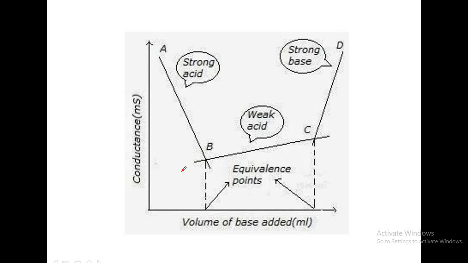The point of intersection of the first two straight lines gives how much volume of NaOH is required to neutralize only hydrochloric acid. The second point of intersection, of the second and the third line, gives how much volume of NaOH is required to neutralize both the acids, that is, the acid mixture.